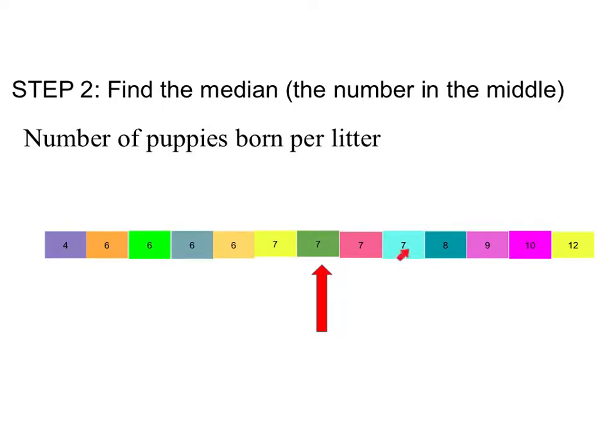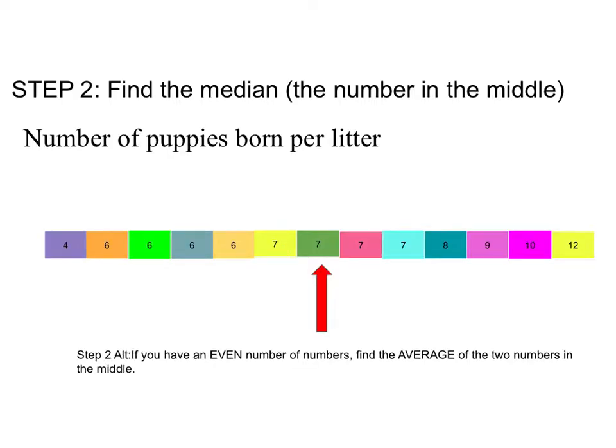So 1, 2, 3, 4, 5, 6 above, and 1, 2, 3, 4, 5, 6 below. Even though some of these numbers are the same, they are still a data unit. Now sometimes your data set will include an even number of numbers. If that's the case, then you find the average of the 2 middle numbers.